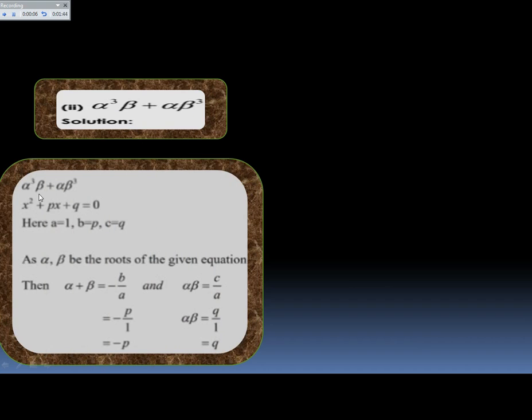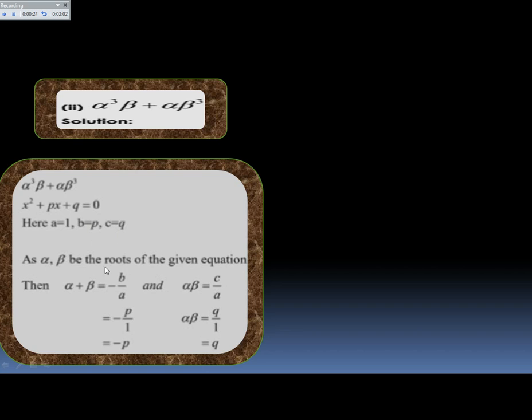Next, alpha cube beta plus alpha beta cube. Solution: x square plus px plus q is equal to 0. Here comparing with the standard quadratic equation, a is equal to 1, the coefficient of x square, b is the coefficient of x and c is the constant term.